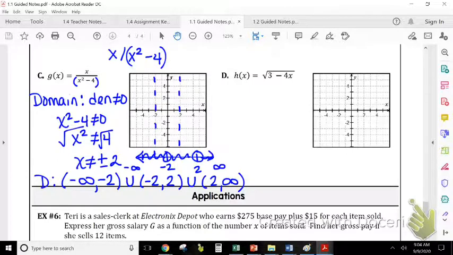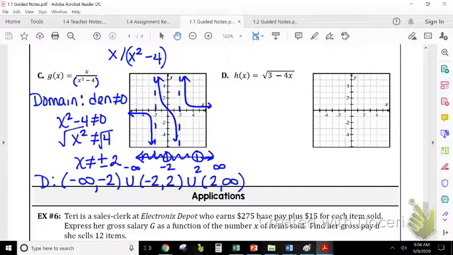All right, and so when you graph this, when you look at your ordered pairs, you don't really have any good ordered pairs over here. I think you got like negative 3 and negative 0.6. And then in between here, you don't really have any good ordered pairs other than 0, 0. And then on the right side here, you don't have any good ordered pairs. I think it's like 3 and 0.6 or something like that.